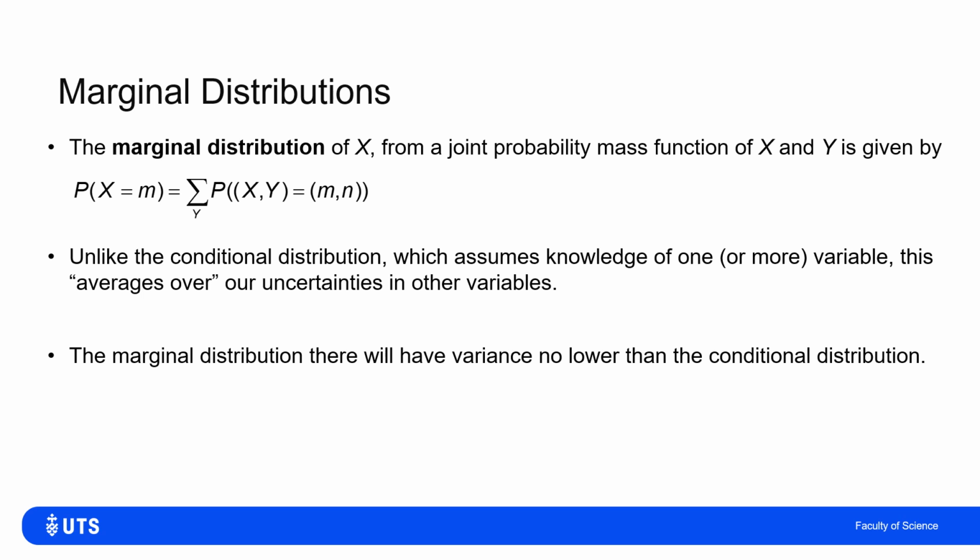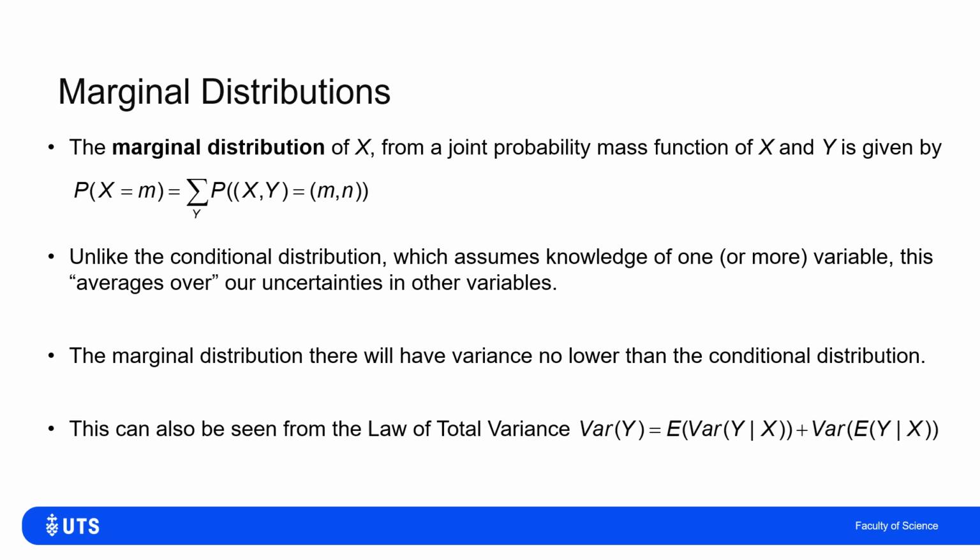So what it does mean is that the marginal distribution can't have lower variance than the conditional distribution, because saying I don't care about y, I'm just going to wrap up all of my uncertainties in what y might be in my uncertainty about x, is inherently more variable than saying I know that y equals 3. How variable is my x?